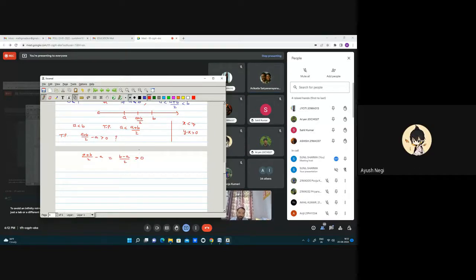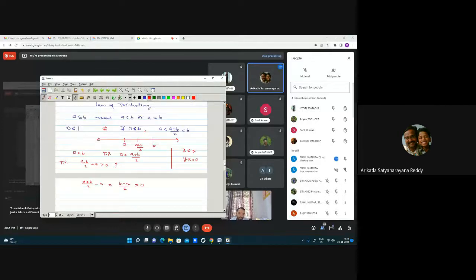Okay, what is this number actually, b minus a by 2? What is a plus b by 2 minus a? That is the distance between a plus b by 2 and a. What is the distance between a and b? b minus a.